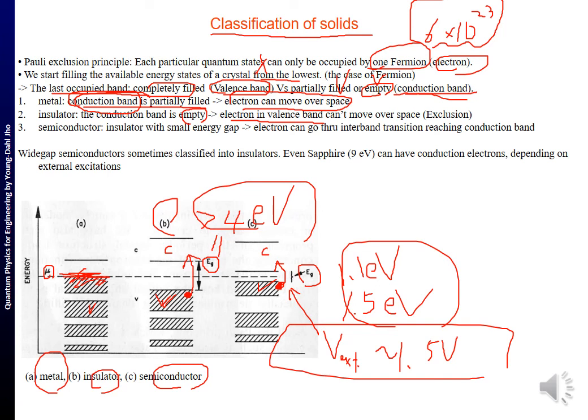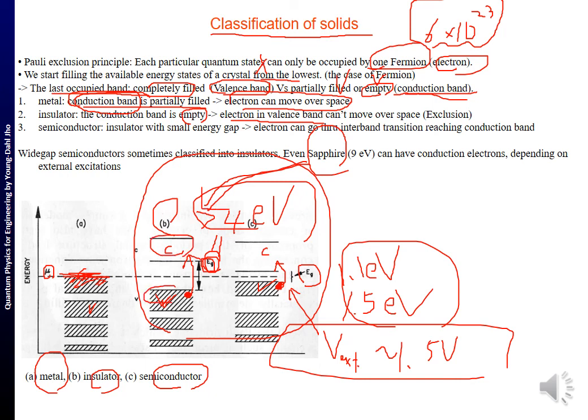So insulators and semiconductors actually have the same band structure, but their difference is the scale of the band gap, right? Their structure is just the same. If you think of sapphire, for example, it is considered an insulator. But you can still define the conduction band and valence band of sapphire, though the band gap is very large, 9 electron volts.